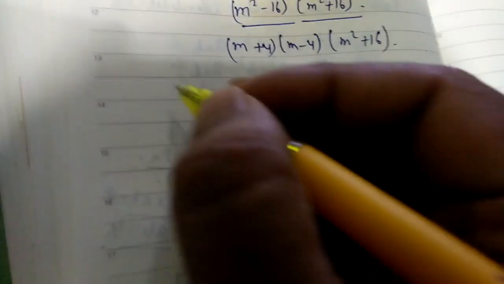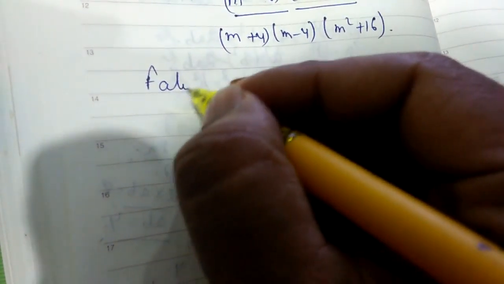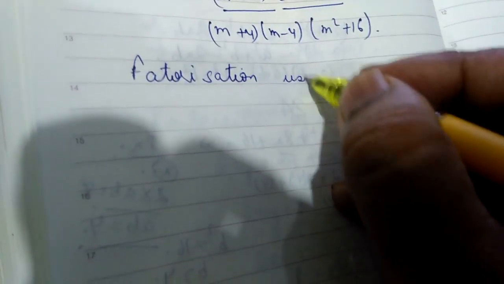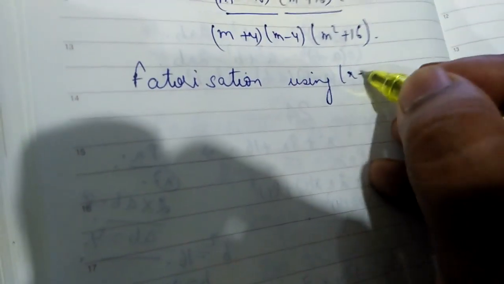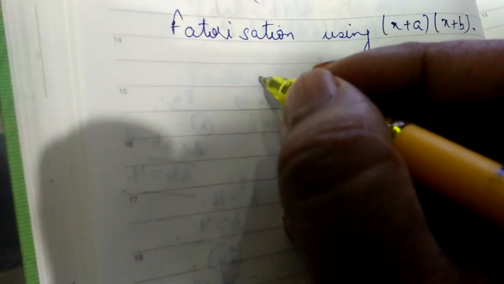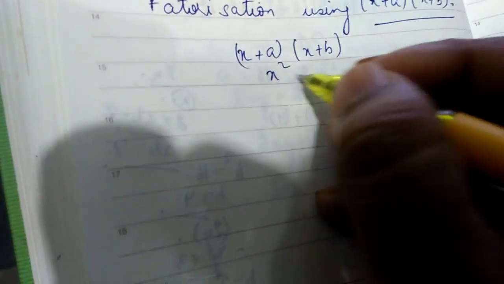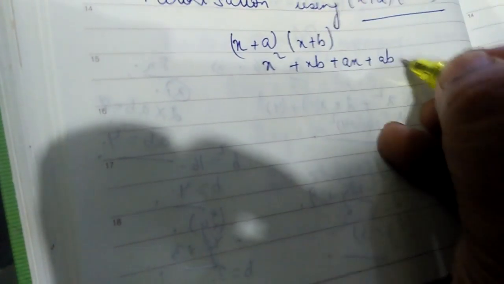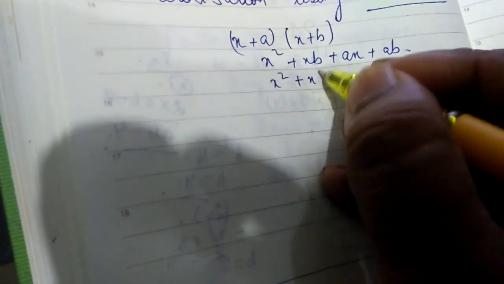Now there is another form of factorization using (x plus a) and (x plus b). Okay, let's expand this first. (x plus a) into (x plus b), so we get x square plus xb plus ax plus ab. So x square plus x(a plus b) plus ab.